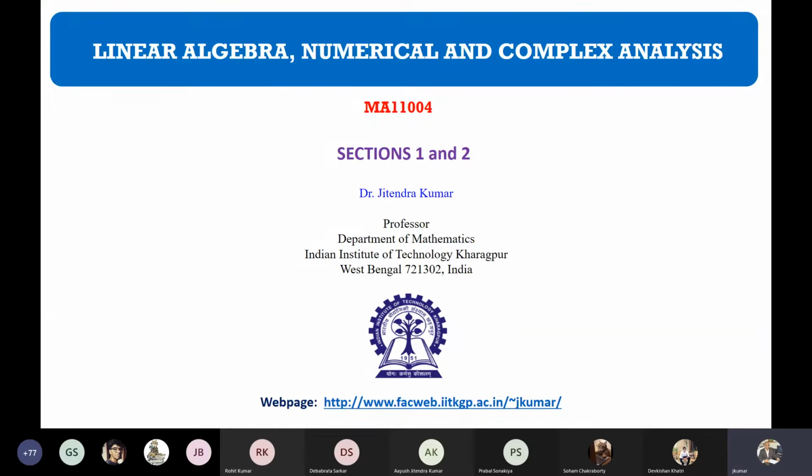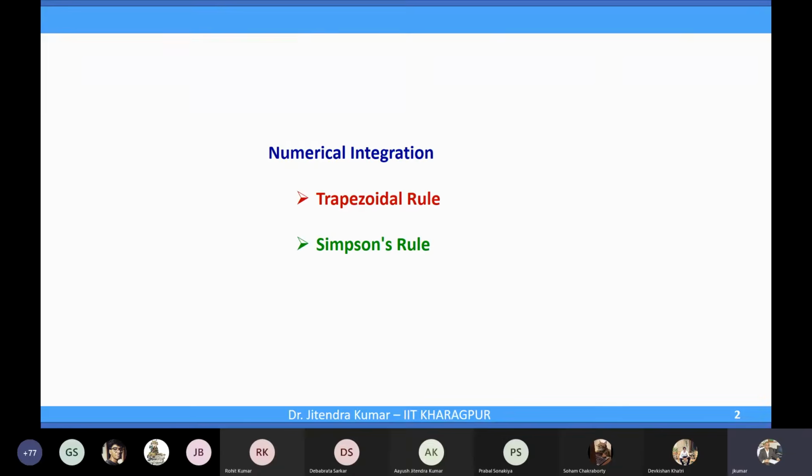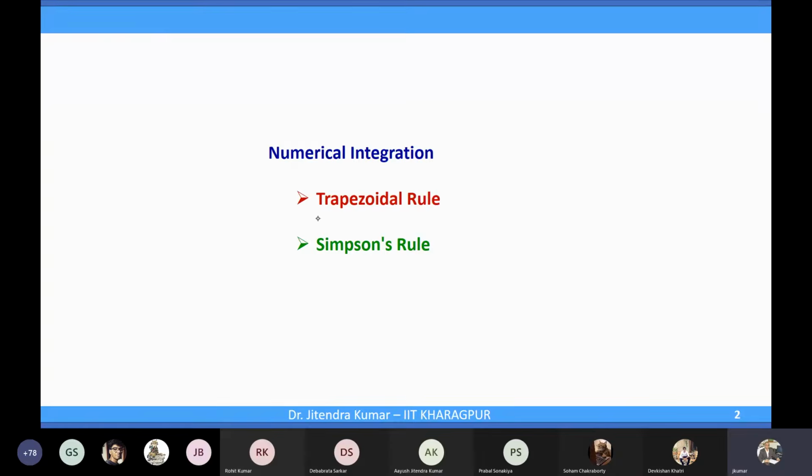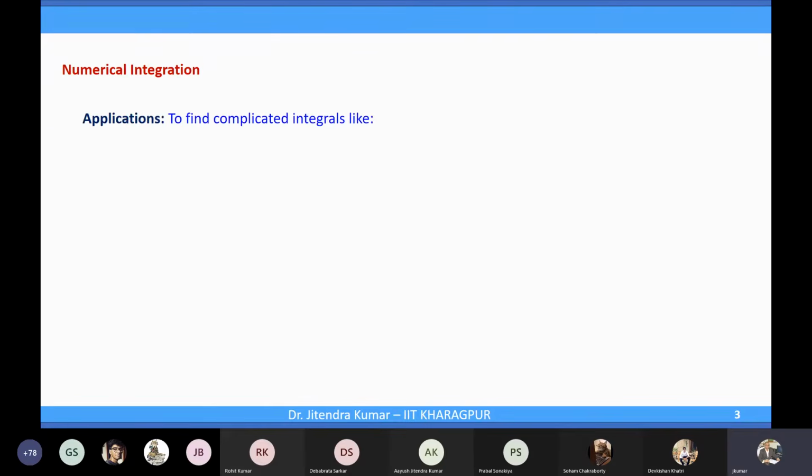So numerical integration, there are two schemes which we will discuss here. One is the trapezoidal rule and the other one is the Simpson rule. And why do we use numerical integration?